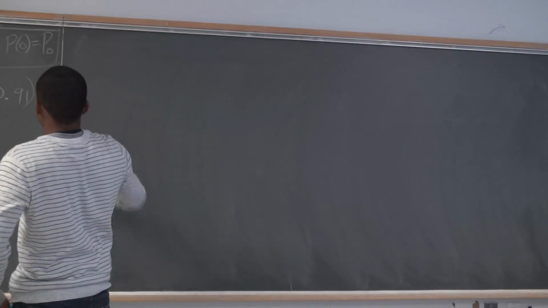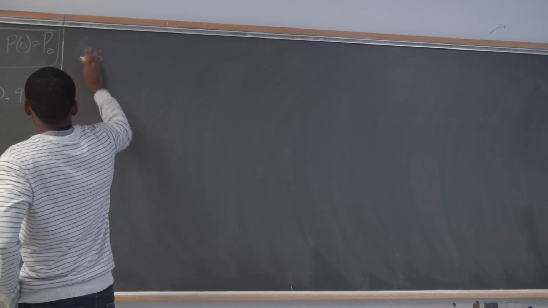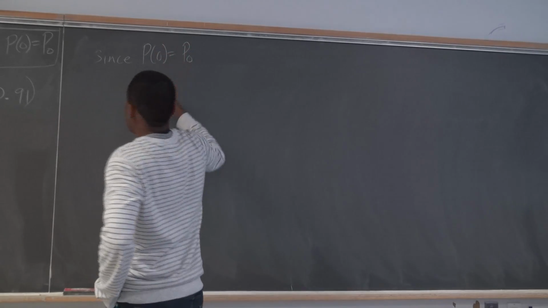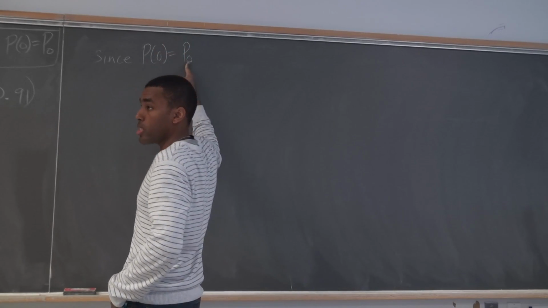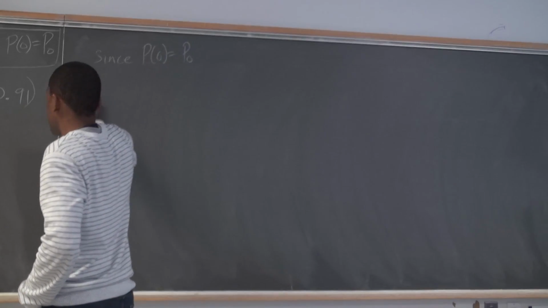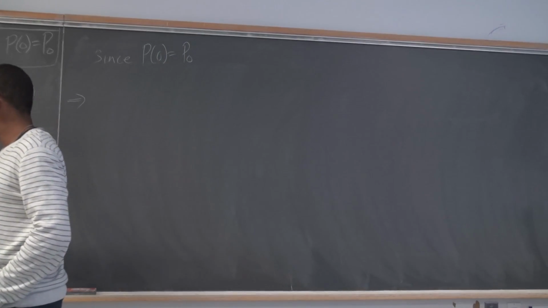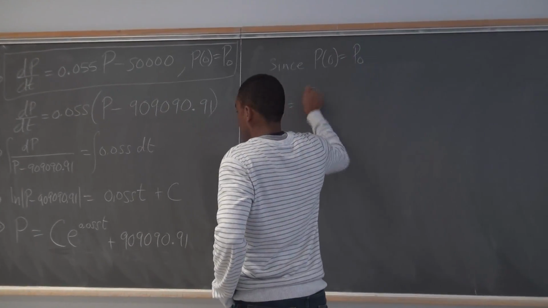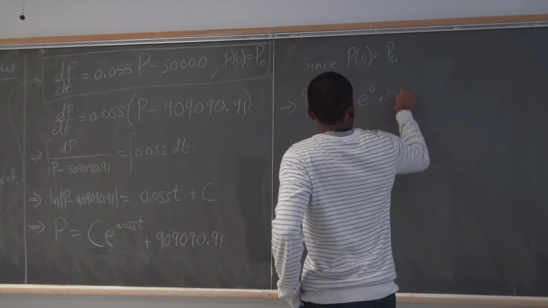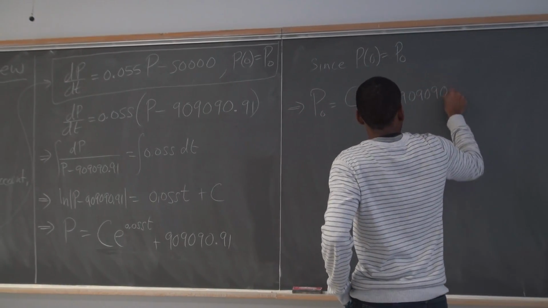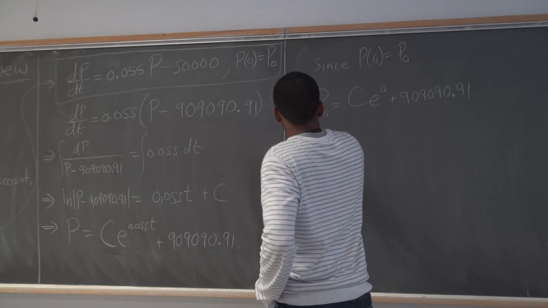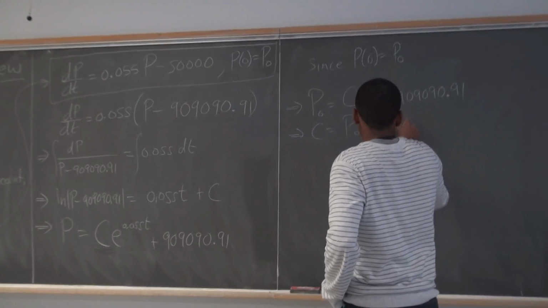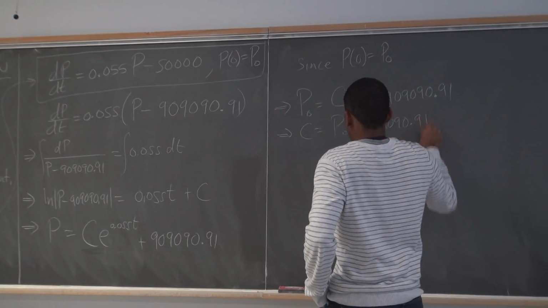So what I do is, since P0 equals P naught, this means when t is 0, my P value is this. I'm not sure what that value is at the moment, but I'm just going to plug it in. Plug in t equals 0, and plug in P equals P naught. And so this would mean C is equal to P naught minus 909,090.91.